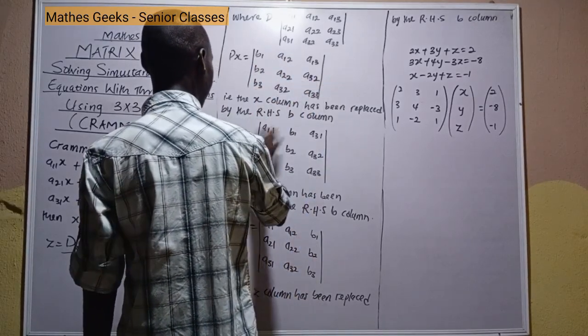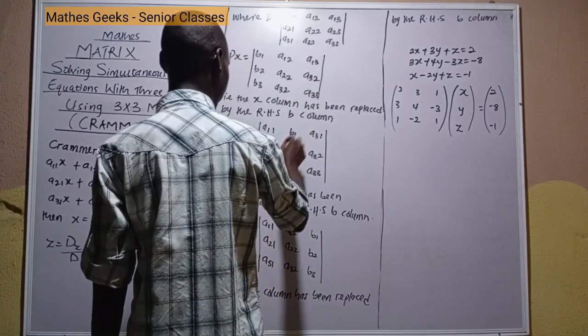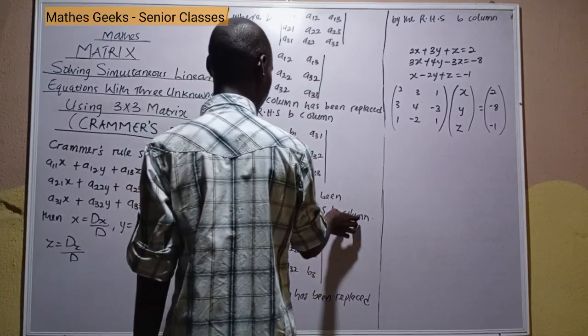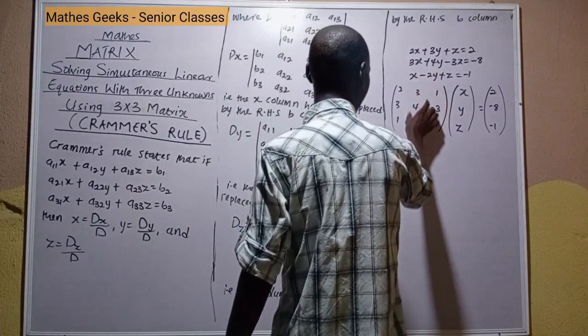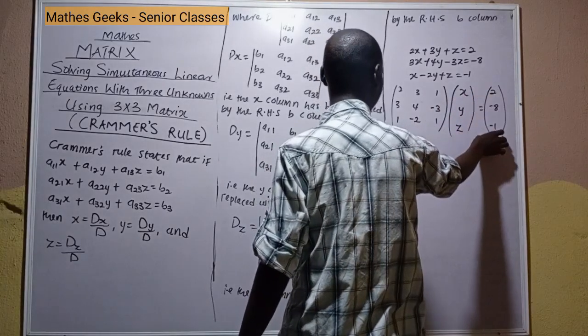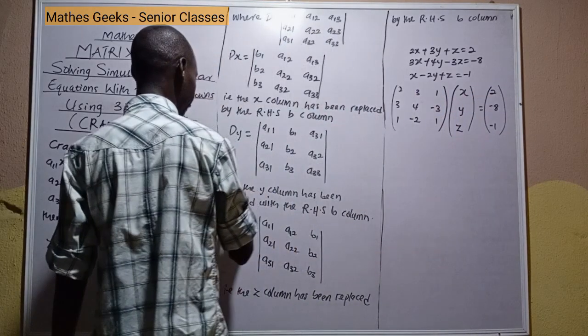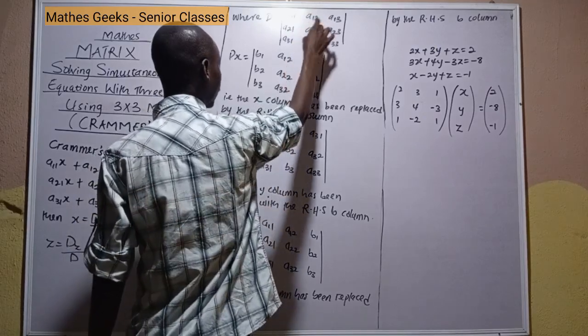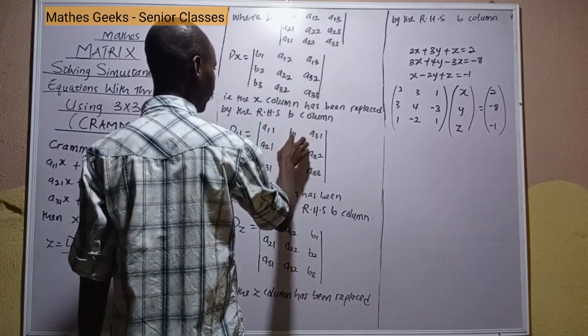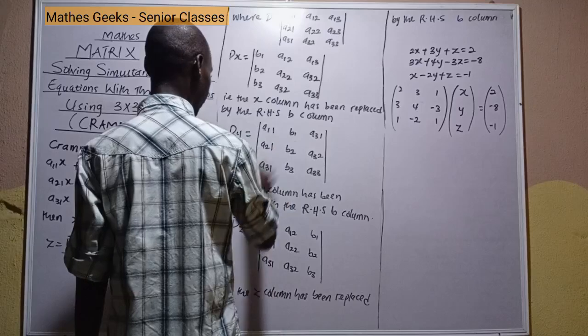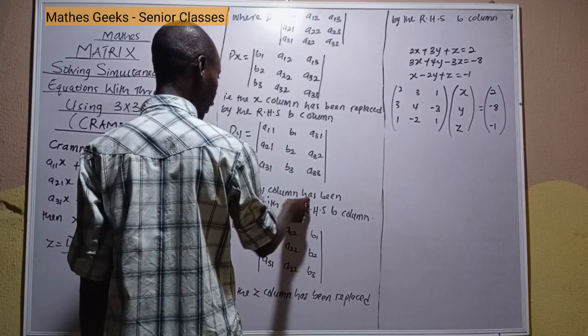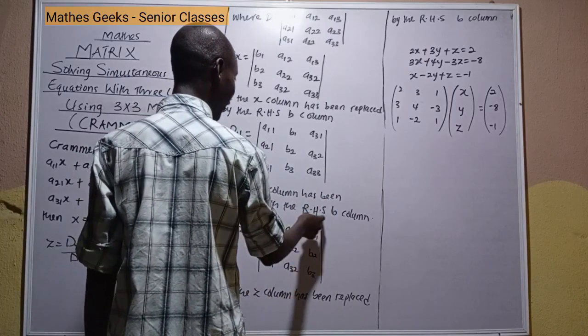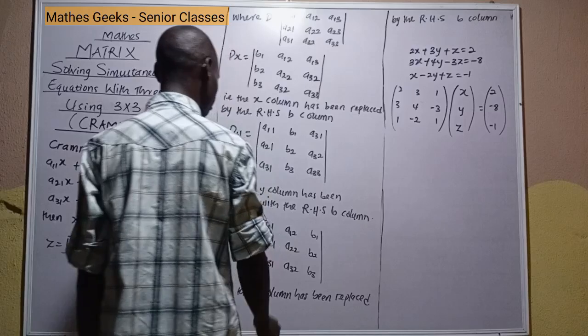Then for dy, the y column will be replaced by the right hand side b column. So you're going to have a11, a21, a31, but in place of a12, a22, a32, you're going to have b1, b2, b3. That is, the y column has been replaced with the right hand side b column.